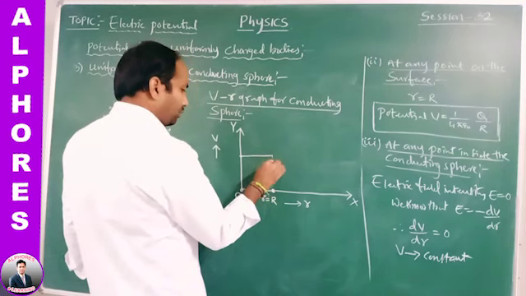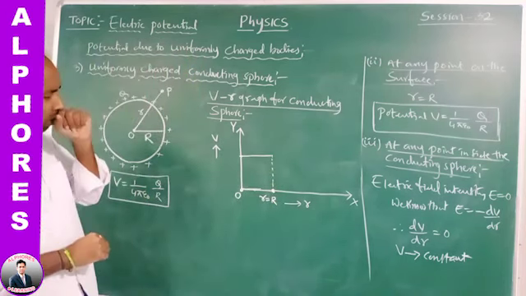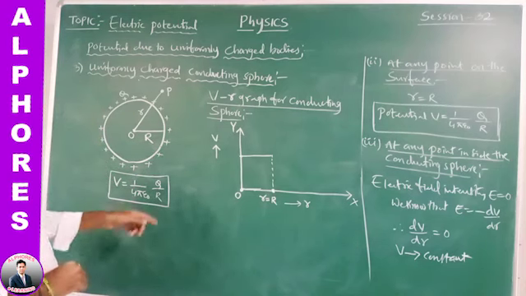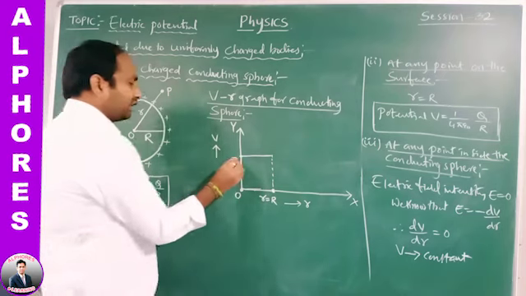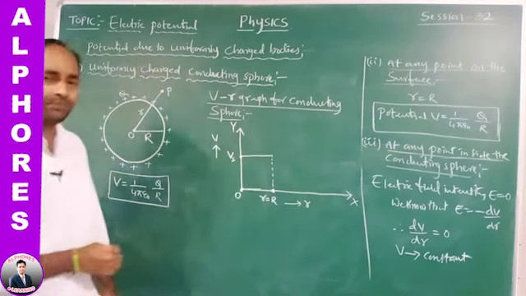Up to small r equal to capital R, V is constant. What is that constant value? V is equal to 1 by 4 pi epsilon naught, Q by R. Let us call this Vs, the potential on the surface.